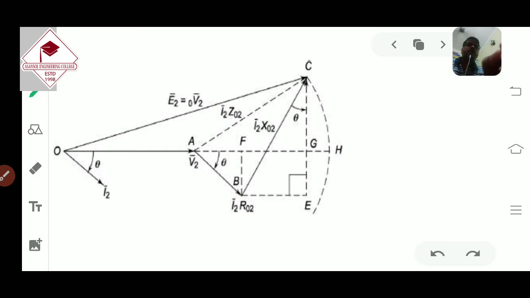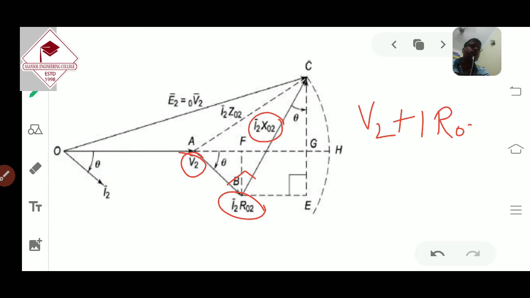This one is the V2 voltage, and after V2 we are adding this I2 R02 drop, and after that we are adding this I2 X02 which is 90 degrees, and after adding V2 plus I2 R02 plus I2 X02, you will get this E2.